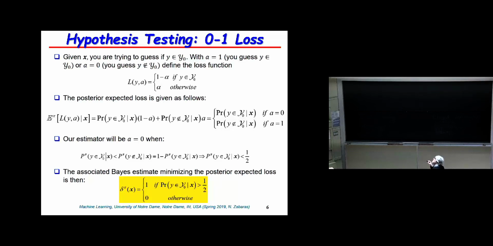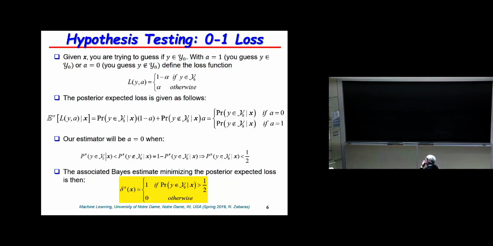That's your decision, which implies that Y comes from Y0. If indeed Y comes from Y0, then the loss is equal to 0. You see that? But if you say it comes from Y0, but actually it does not, then your loss is equal to 1.